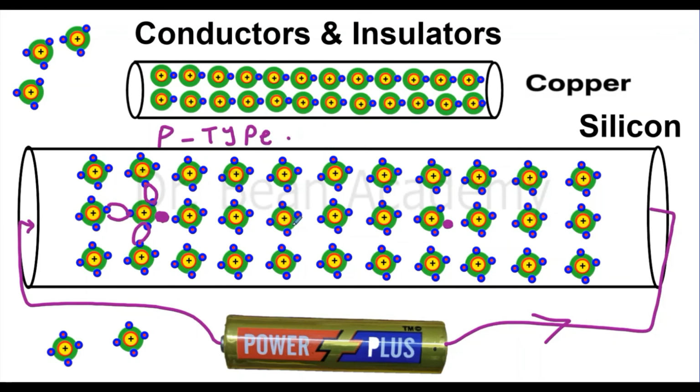It's a p-type semiconductor. It is a semiconductor, not a pure semiconductor. It's not an intrinsic semiconductor. Once again it has become an extrinsic semiconductor because it is not pure silicon. I have replaced some or more atoms of silicon with boron, or I can use any other trivalent material, and it is not pure silicon, it's extrinsic silicon, but it's a p-type extrinsic silicon or semiconductor.